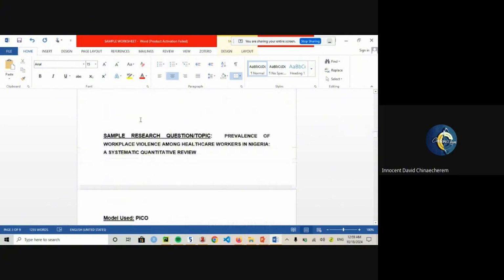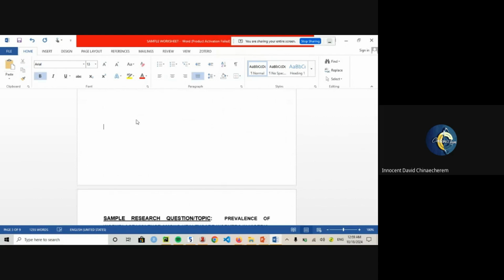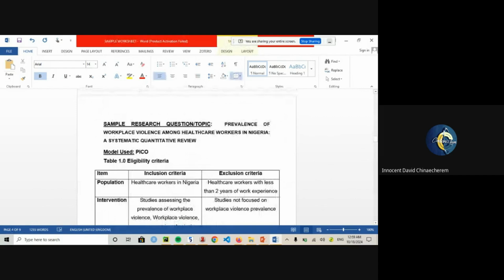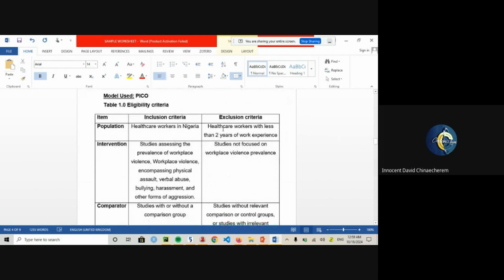Let's take a look at another sample research question, where we are talking about the prevalence of workplace violence among healthcare workers in Nigeria. This is also another systematic quantitative review. Here, more clearly, we're interested in the population: healthcare workers.